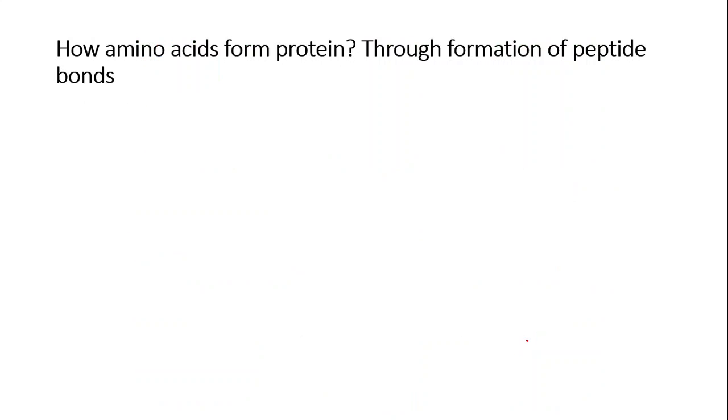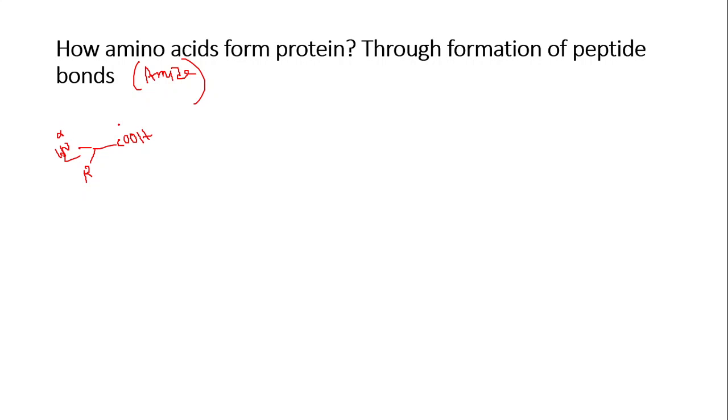So let's just discuss how amino acids form protein. This forms through peptide or amide bonds. Let's give an example of that. Let's say you have an amino acid with R, NH2 and COOH.